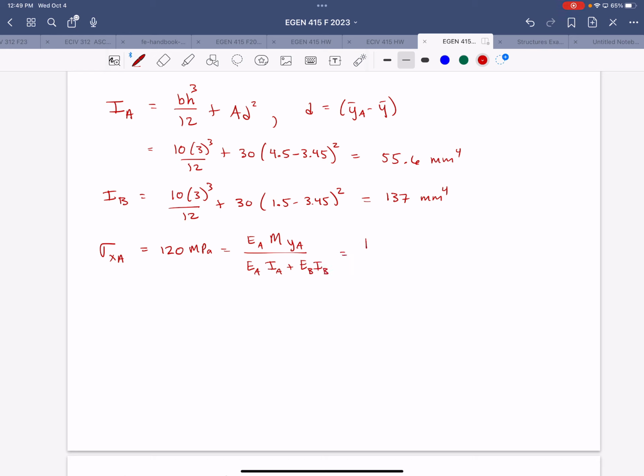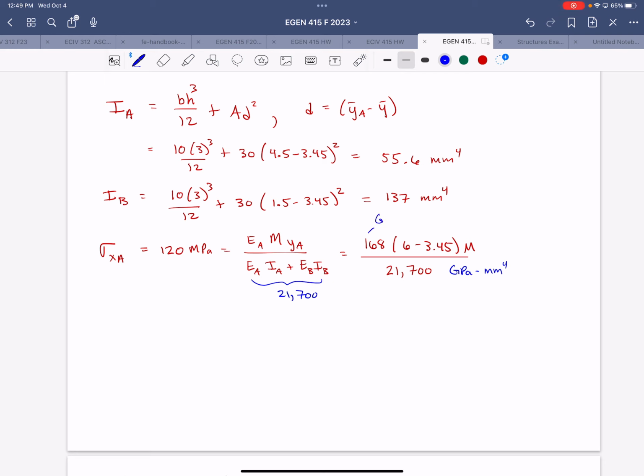So that's going to be 168 times 6 minus 3.45 times the moment divided by the denominator here, which comes out to be 21,700. And the units in that denominator will be GPa times millimeters to the fourth.